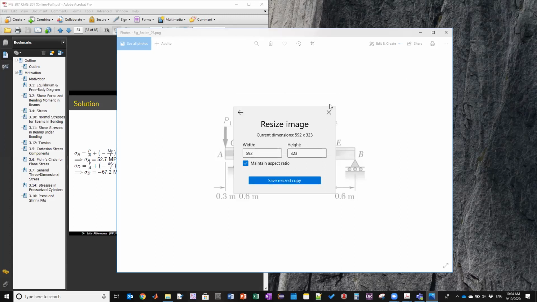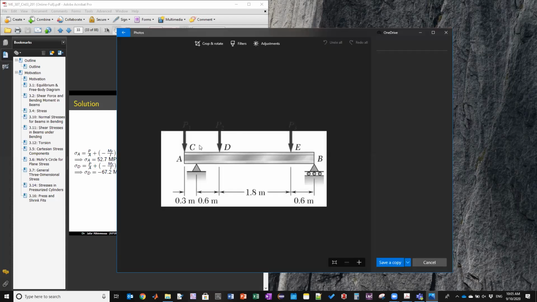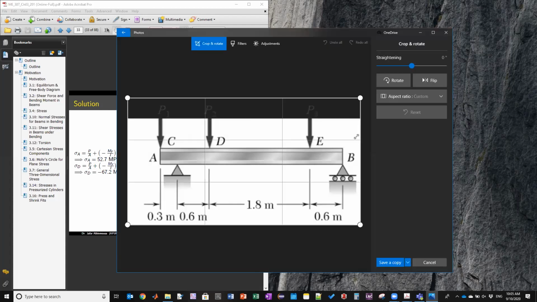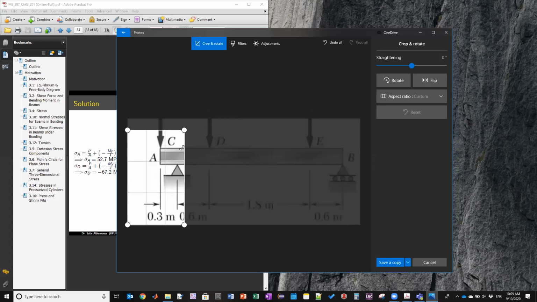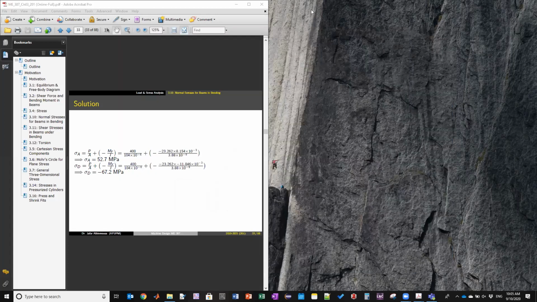Play with it a little bit, and you will reach the size that is needed. You can crop the image, make it smaller, bigger, whatever. Maybe you cut it this way where it shows your face. You can do whatever you want just by a simple click. Is that enough? Yes, thank you, Doctor. Okay.